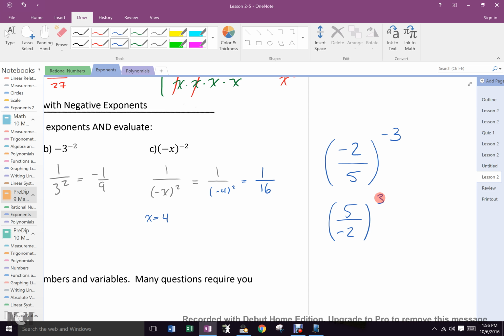Can I make that any clearer? I don't think I can. And yet, every year, some kids will tell me that this 2 has to be positive. Now, this 3 goes everywhere, yes? So I have 5 to the 3rd over negative 2 to the 3rd, which is 125 over negative 8.